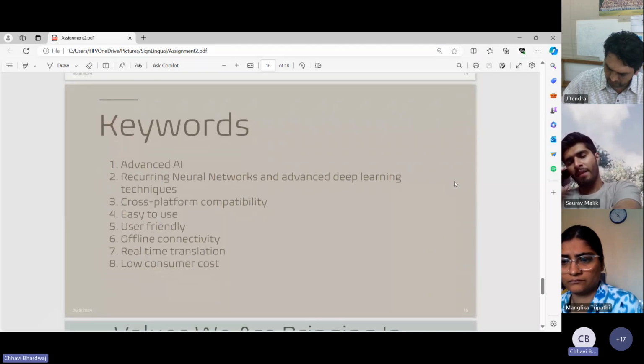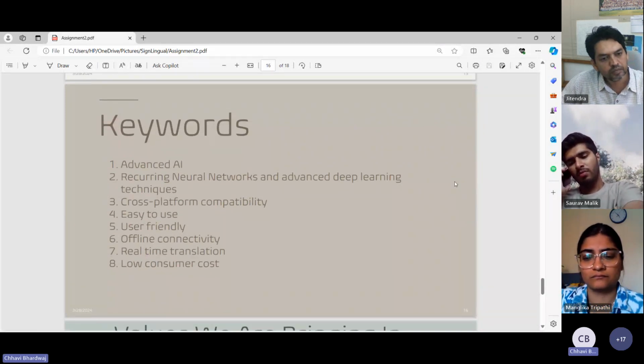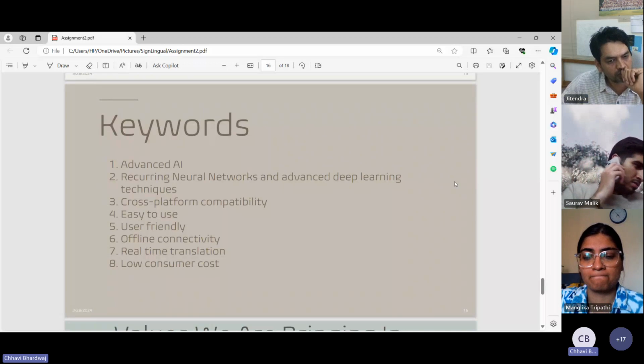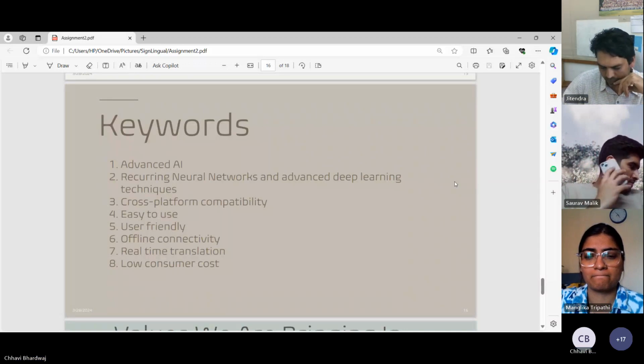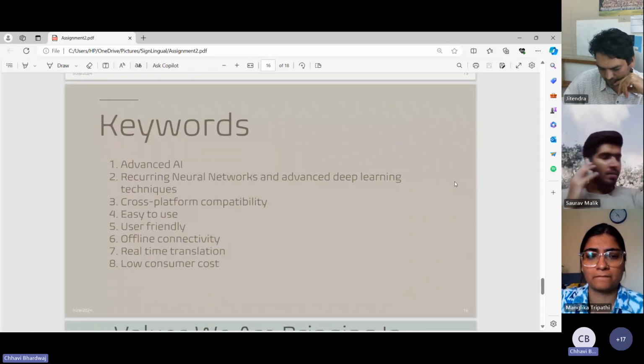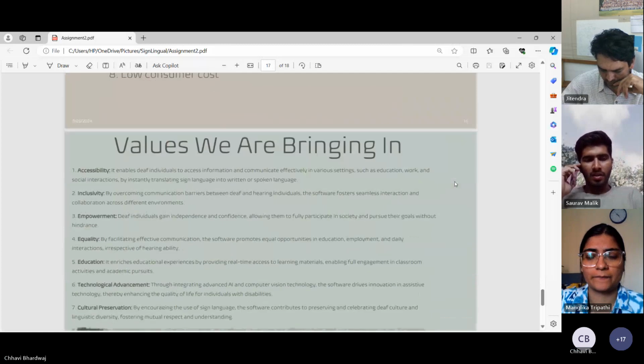These are some keywords associated with our software: advanced AI, deep learning, easy to use, user friendly, offline connectivity, real time translation, and low consumer cost.